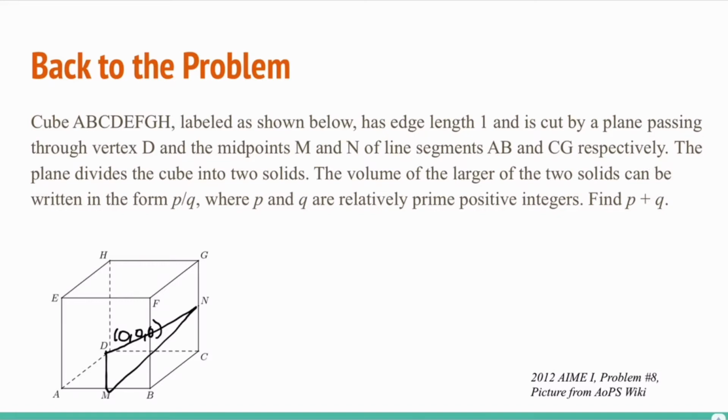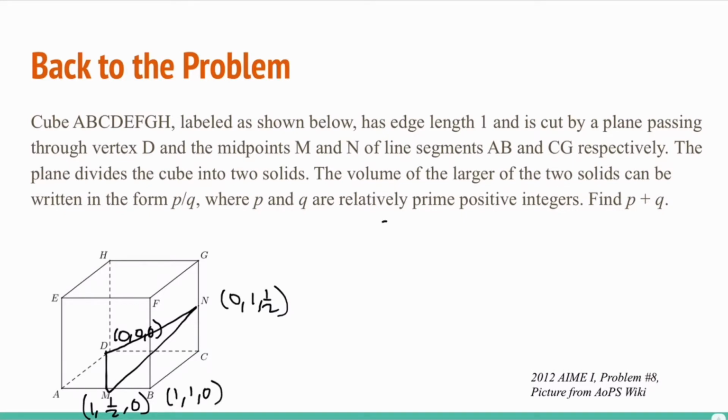So let's say DA is the x-axis, DC is the y-axis, and DH is the z-axis, then M is (1, 1/2, 0), N is (0, 1, 1/2), and B is (1, 1, 0).